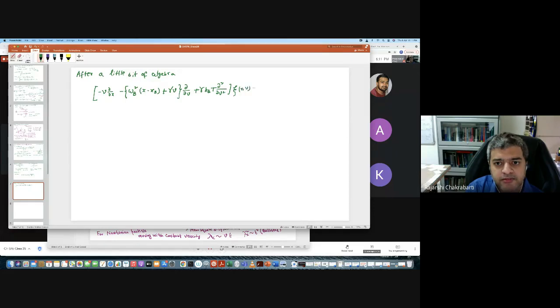Now you can guess why it is so, because the exponential factor will cancel, and this one you get because you take a derivative of the potential with respect to position. So that's why it is linear, harmonic, so that becomes linear.